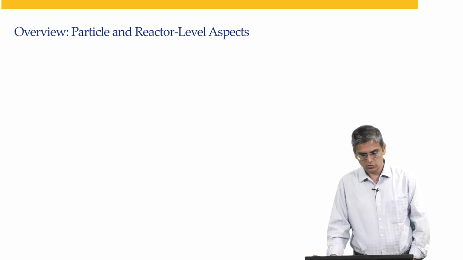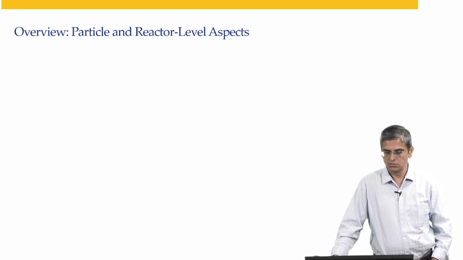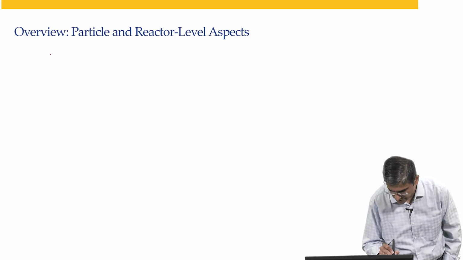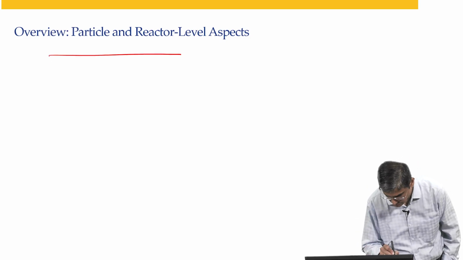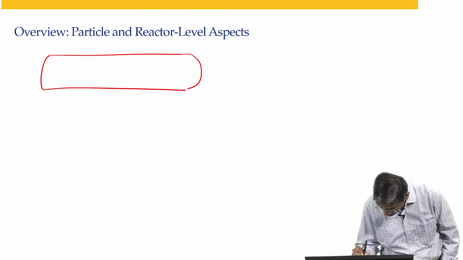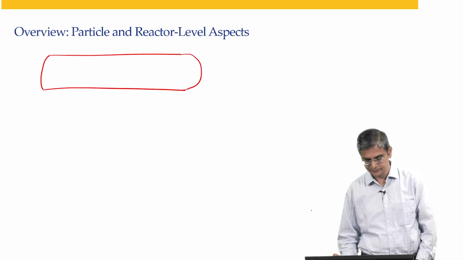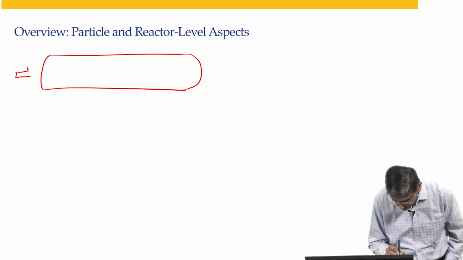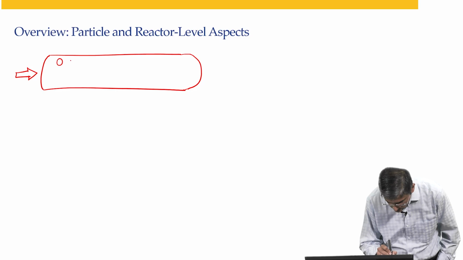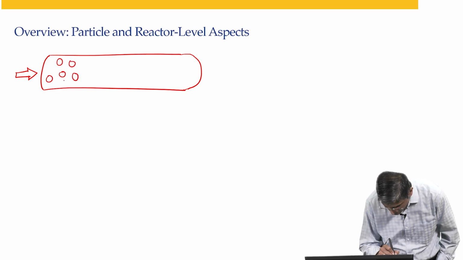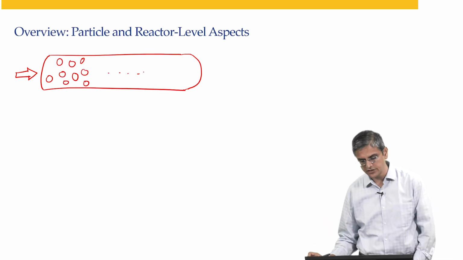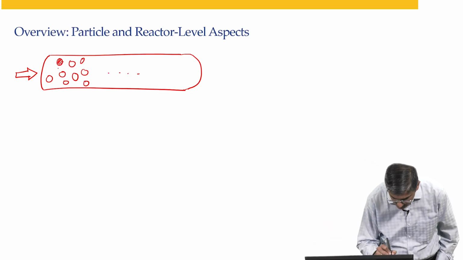Okay. So, let us think about particle and reactor level aspects of this. Let us say that this is a packed bed reactor. You have your reactants coming in, and you have this particular thing filled with catalyst particles.